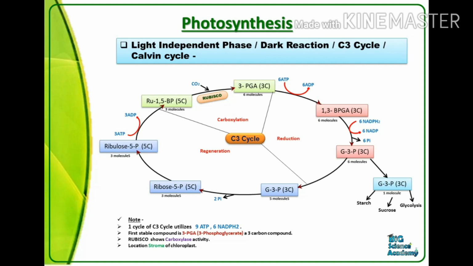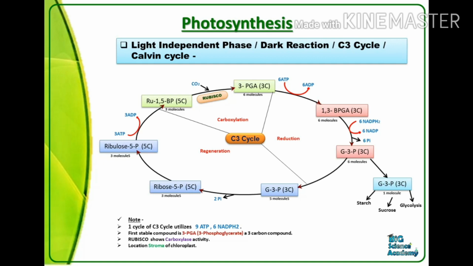So at the end of C3 cycle, we see that the ribulose 1,5-bisphosphate is broken down or converted into various other molecules, which are then again utilized to regenerate the ribulose 1,5-bisphosphate molecule for the next cycle.